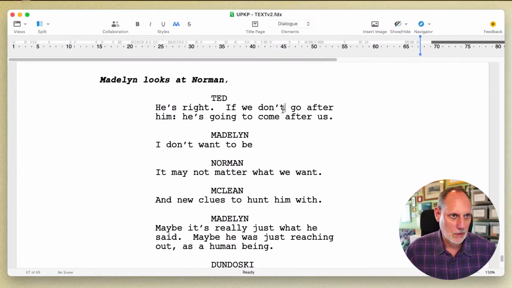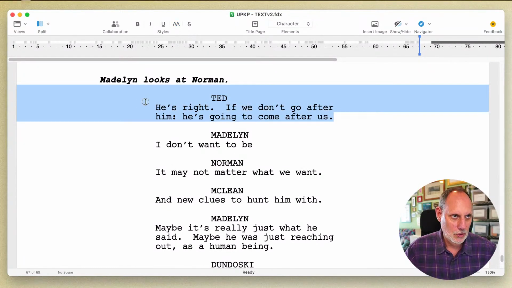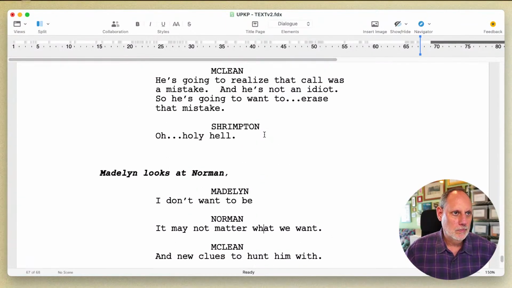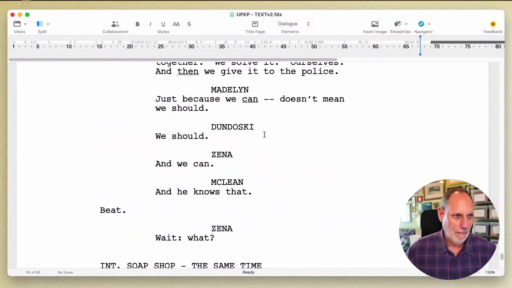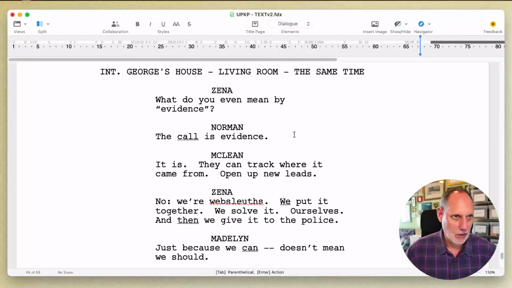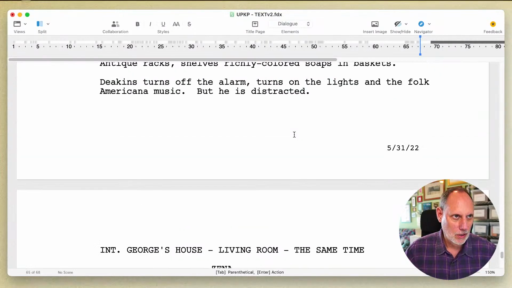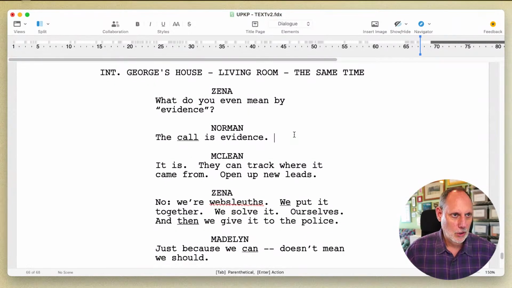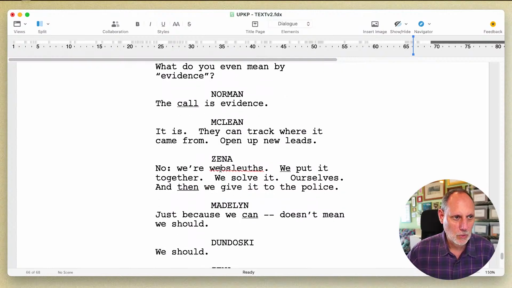Okay, we just don't need this. What do you mean? What do you mean by evidence? The call is evidence. It can track, right? No. We can do it.